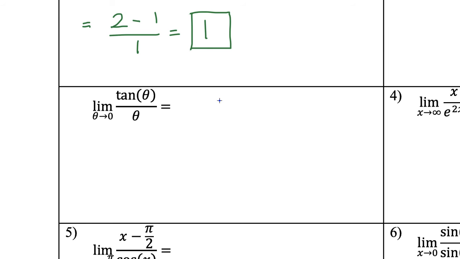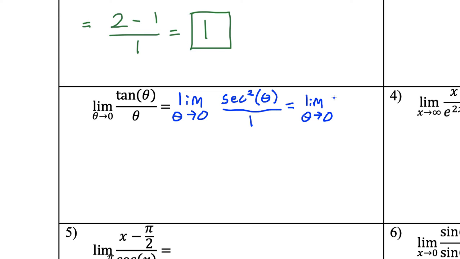Then I need to take the derivative. So this is now going to be the limit as theta approaches 0. The derivative of tangent is secant squared of theta, and the derivative of theta, just like the derivative of x, is 1.